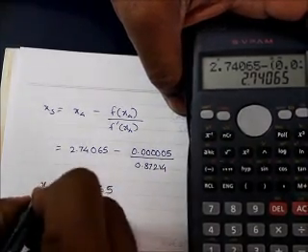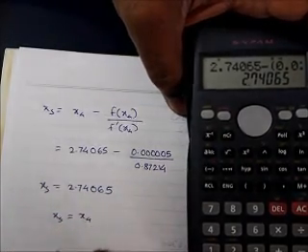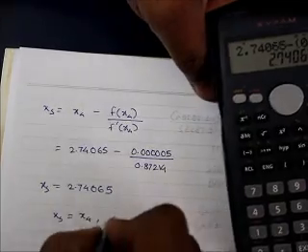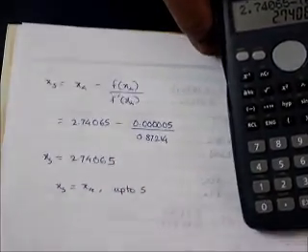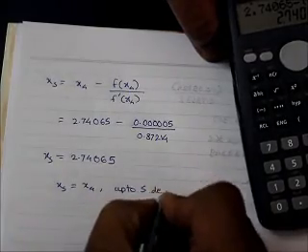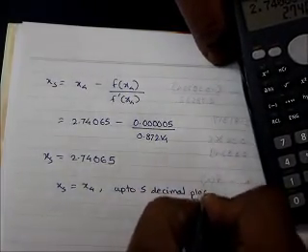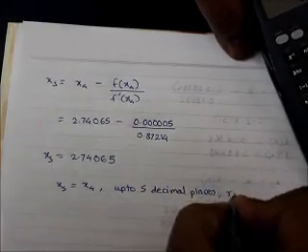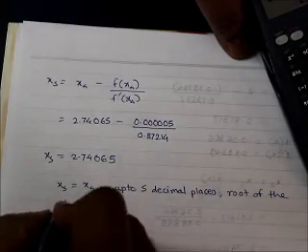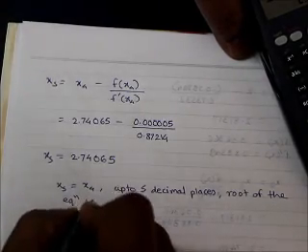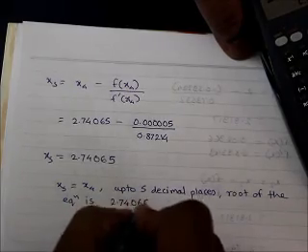Okay, so x5 is equal to x4, which is why we can say that up to 5 decimal places, the root of the equation is 2.74065.